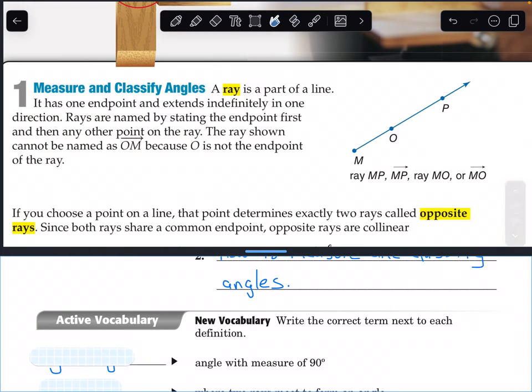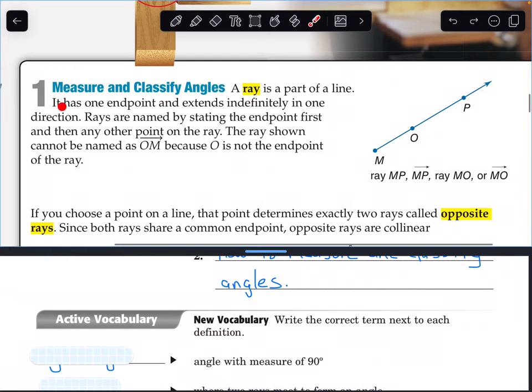Measure and classify angles. A ray is part of a line. It has one endpoint and extends indefinitely in one direction. Rays are named by stating the endpoint first and then any other point on the ray.